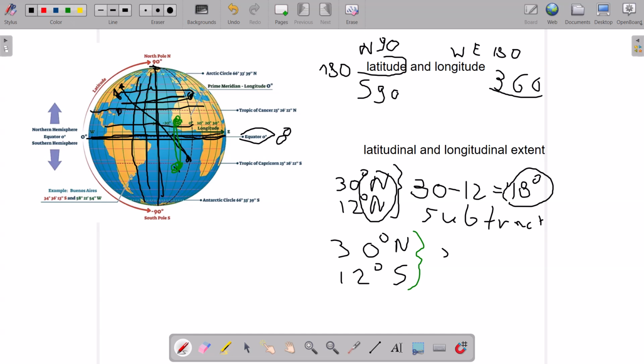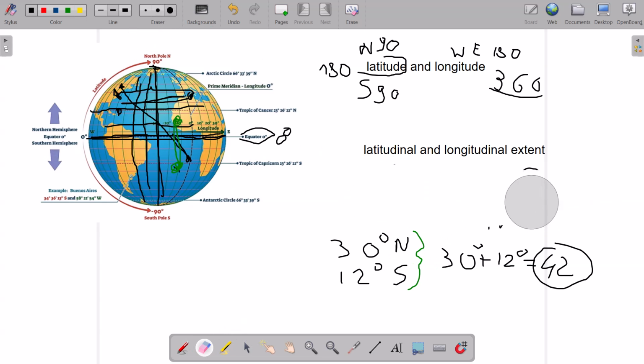So we will do 30 plus 12 degrees equals 42 degrees. So in this context, the extent will be 42 degrees. And we will do the same for longitude, right? This is latitude, but it will be more or less the same for longitude.